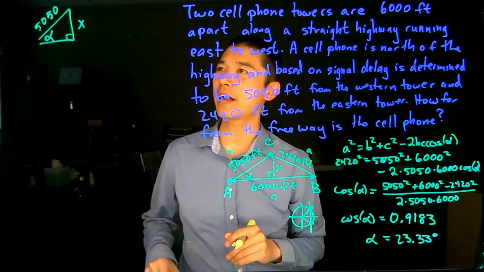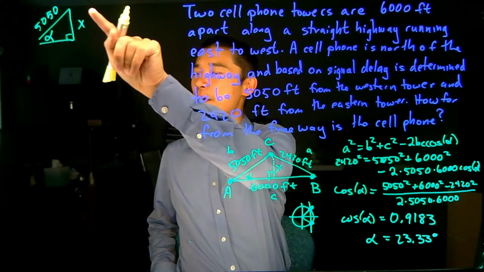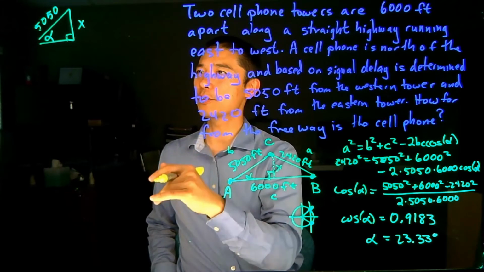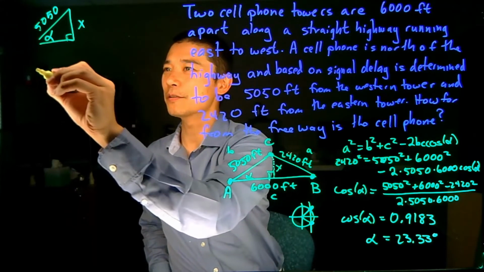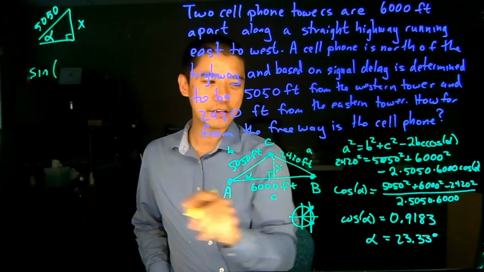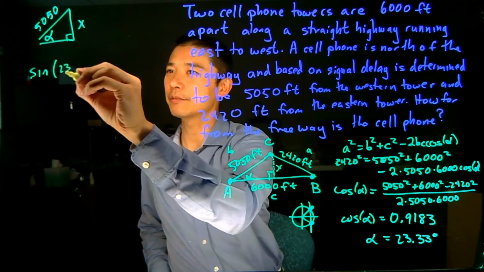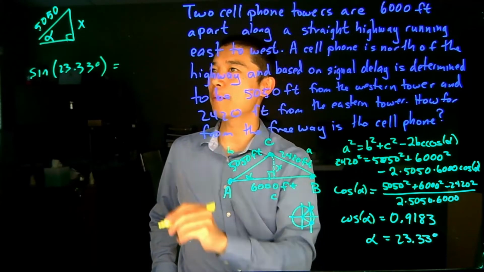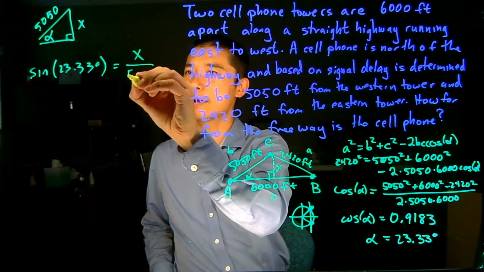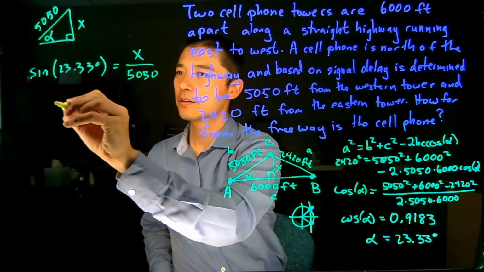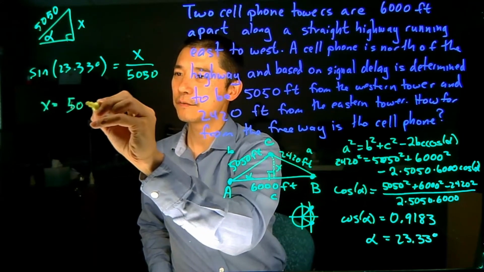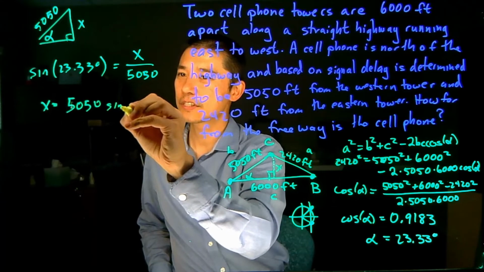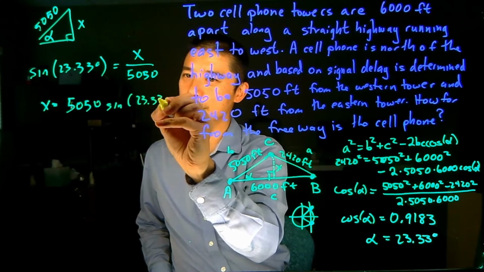In this case, we have opposite and hypotenuse, and that's SOHCAHTOA, so sine is opposite over hypotenuse. So sine of alpha, in this case 23.33, is equal to opposite over hypotenuse. So x is 5050 times sine of 23.33 degrees.